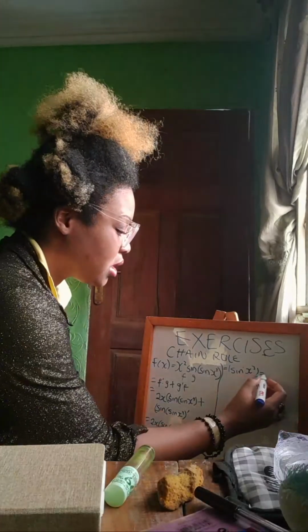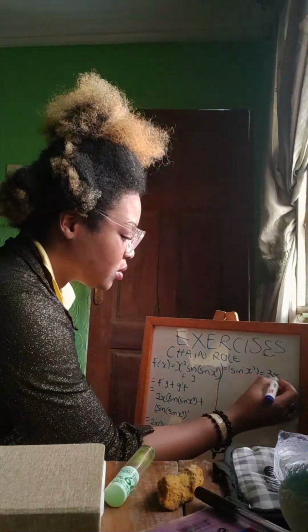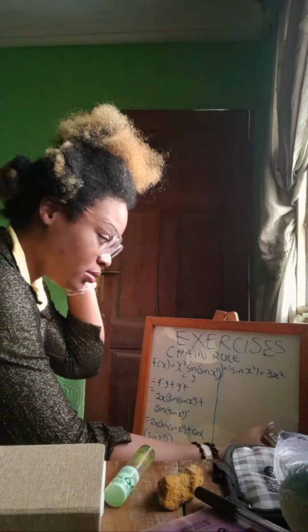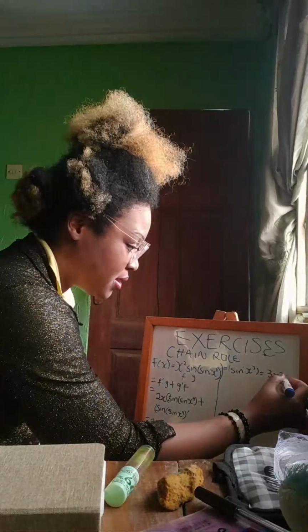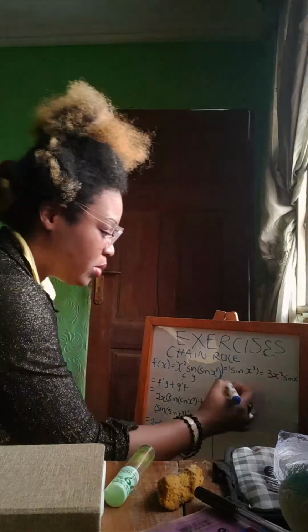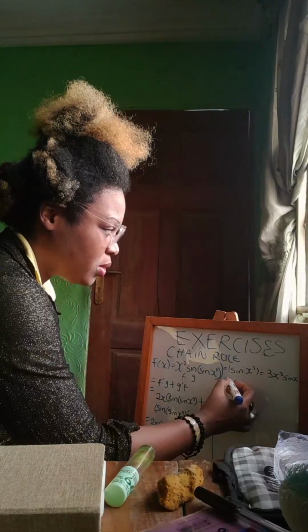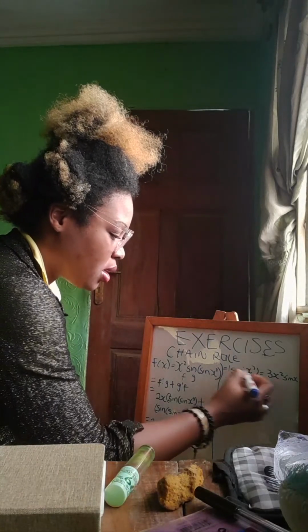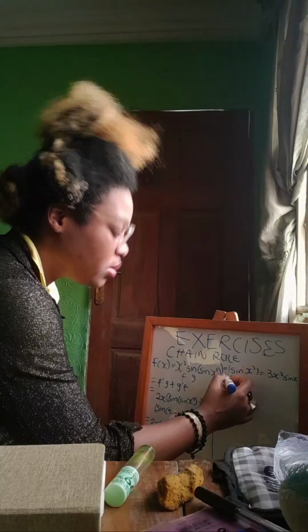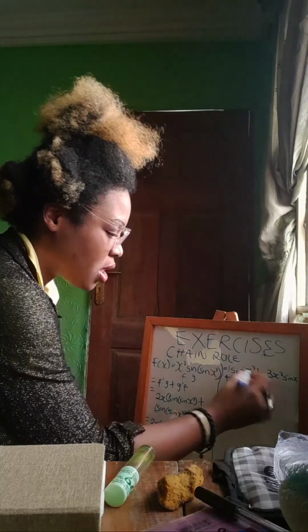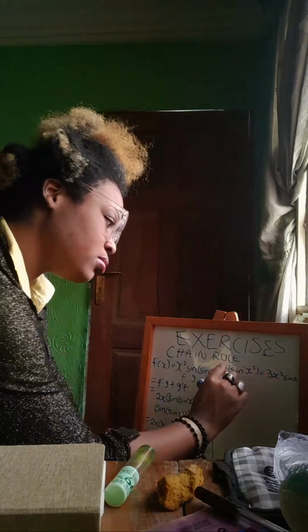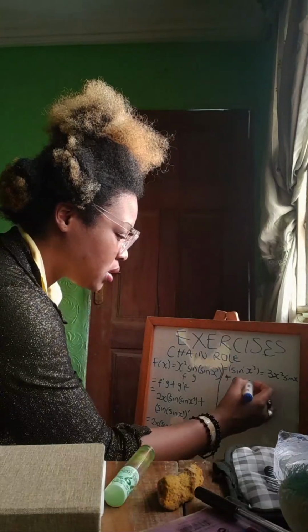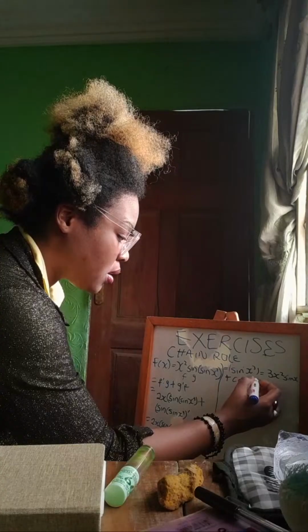So first you get 3x squared, 3x squared sine x, plus, or is it plus or times? Since it's times here, plus, let's use plus. Derivative of sine is what? Cos x.